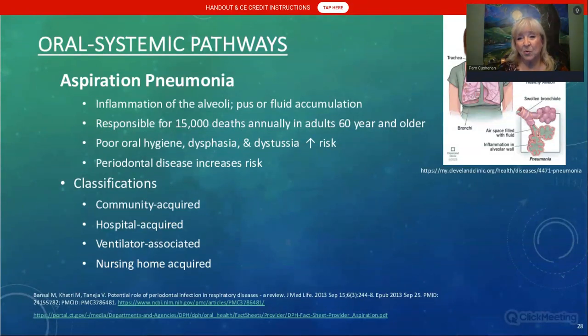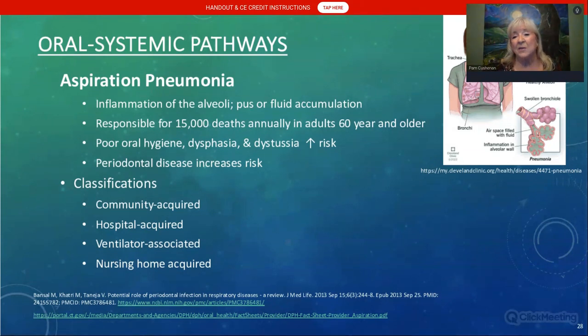Often it's related to poor oral hygiene, dysphagia, and dysphagia. So dysphagia is a swallowing disorder that can lead to choking or aspiration. And the other is when the coughing ability is compromised, okay? Either they lose that ability to cough.